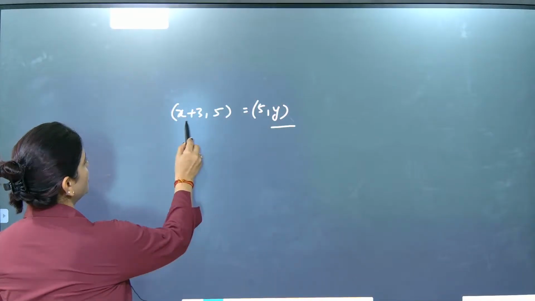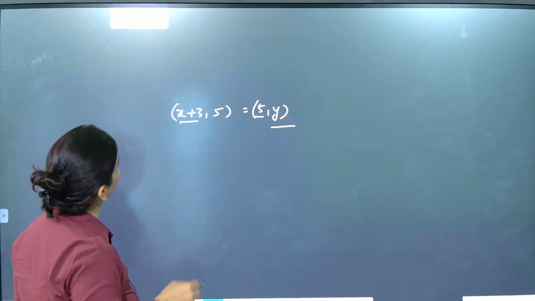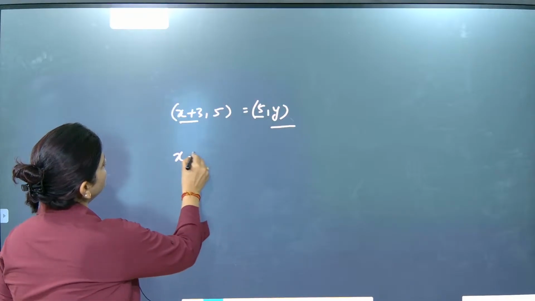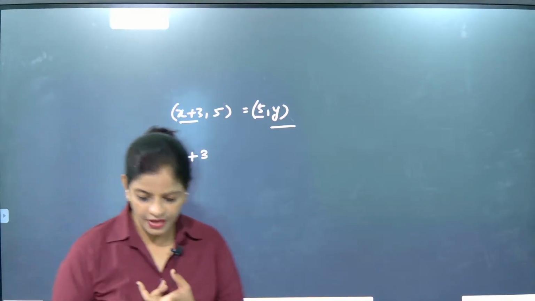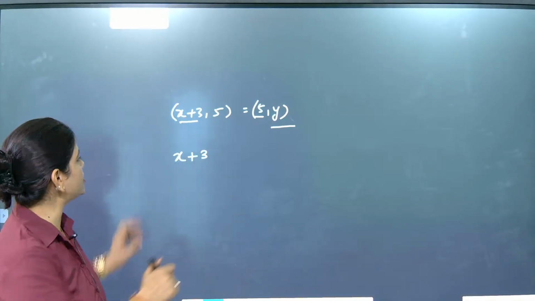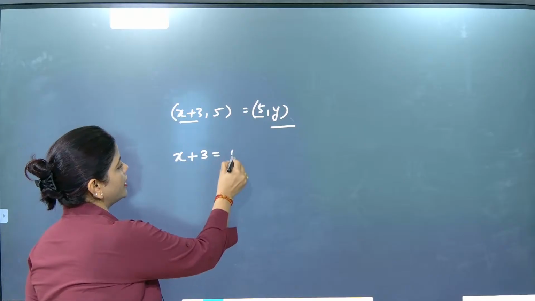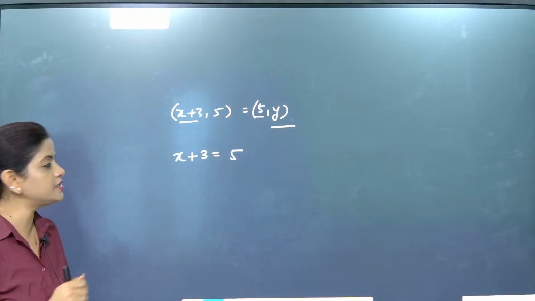So x + 3 on one side and 5 on the other. In an ordered pair we know that abscissa will be equal to abscissa, ordinate to ordinate. So you can write x + 3 = 5.